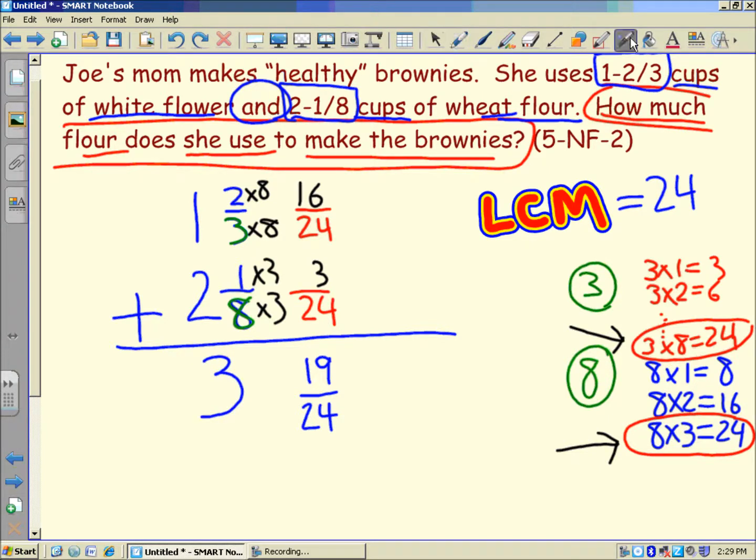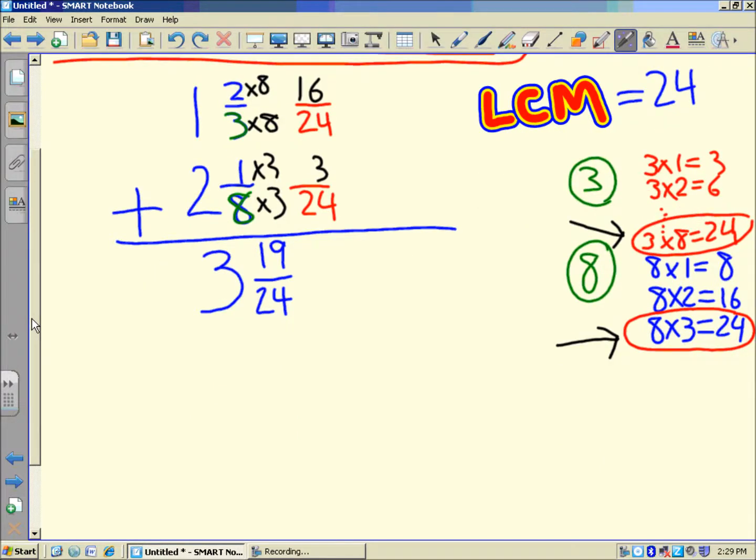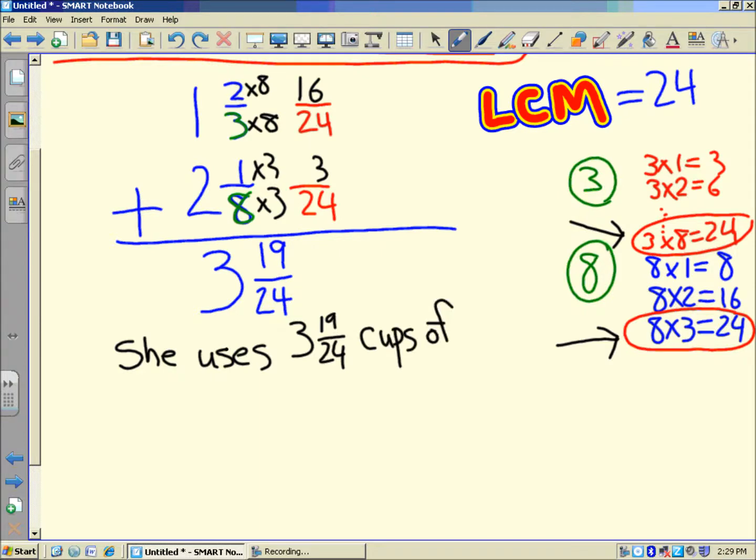So if you squeeze those together, you get 3 and 19/24. So how much flour does she use to make the brownies? She used 3 and 19/24 cups of flour.